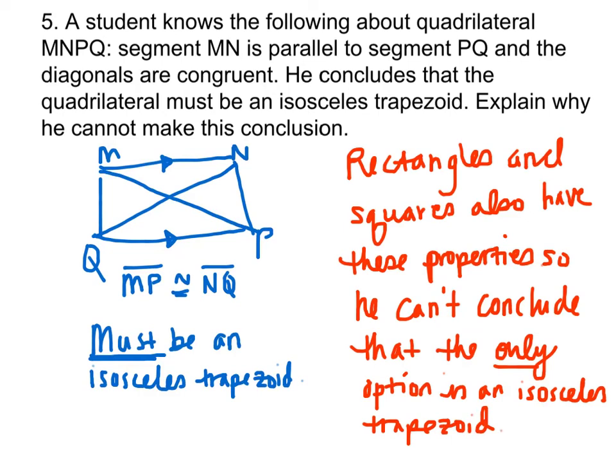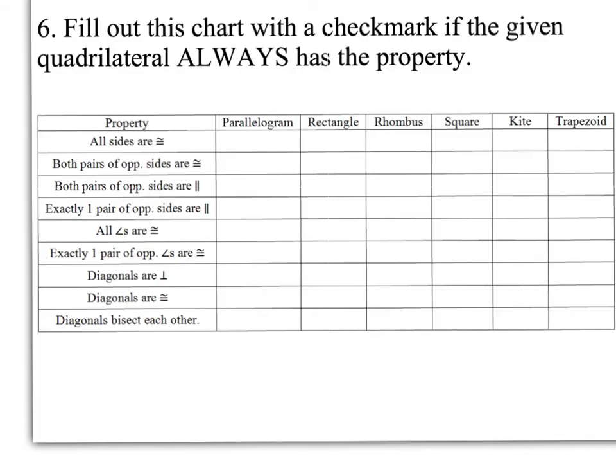Okay? So there's that. And finally, what I want to do is go through a little chart, a little checklist to study. And so we're going to fill out the chart with a check mark if the given quadrilateral always has the property. And we're going to use the color purple.